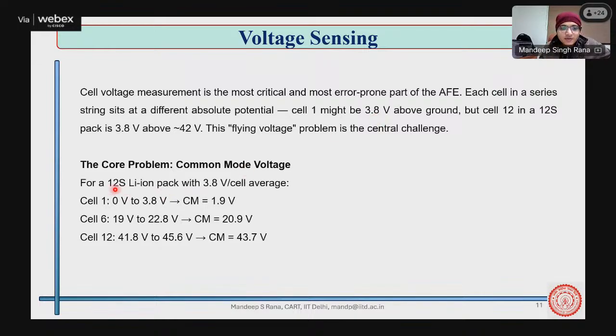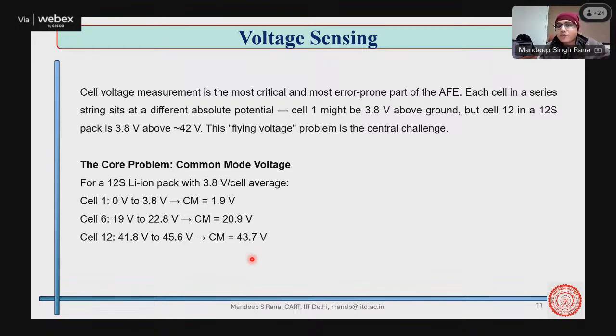For example, you have a 12s lithium ion pack. It means 12 batteries are in series. Now, in series 12 batteries, you know, first cell is 0 to 3.8 volt, and last cell is 41.8 to 45.6. And if you try to find out a common mode voltage, means the average of the voltage between these two ends, you will have various voltages.